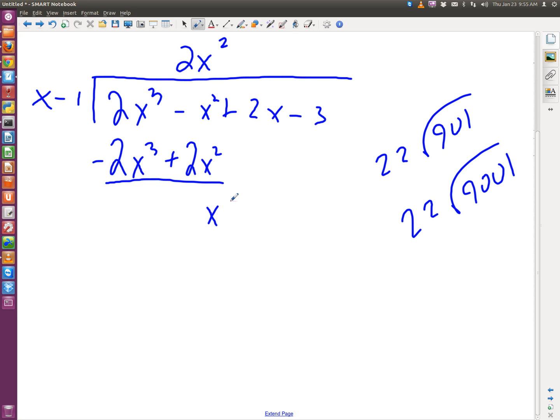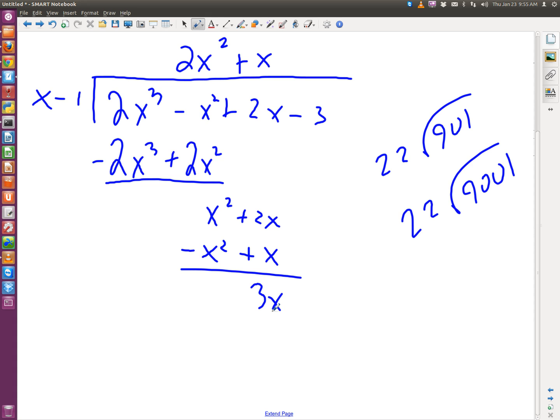Okay. Now, x into x squared goes x, because x times x is x squared, and x times -1 is negative x. Bring down the next term. Okay. So add the opposite, and you get this. So combine, and you get 3x.